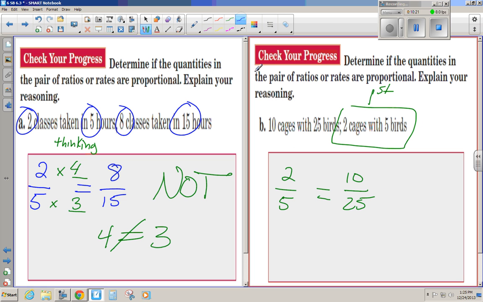So 2 times what number? 5 times what number to get this other fraction? Pause the video, fill in that blank, and see if they are proportional. All right, hopefully you paused it. Hopefully you filled this in with a 5, because 2 times 5 is 10. 5 times 5 is 25. Since 5 equals 5, you can say these are proportional.